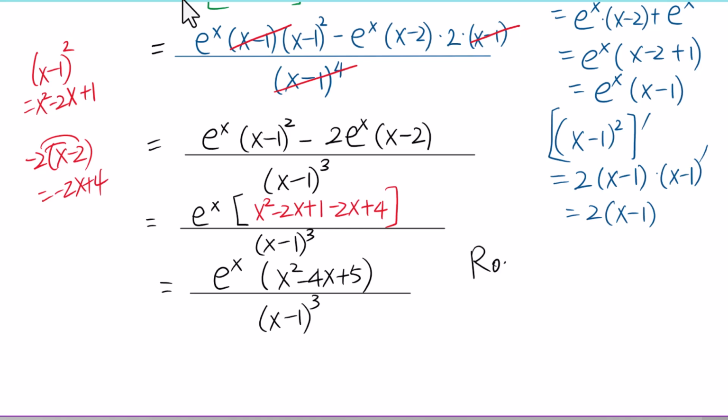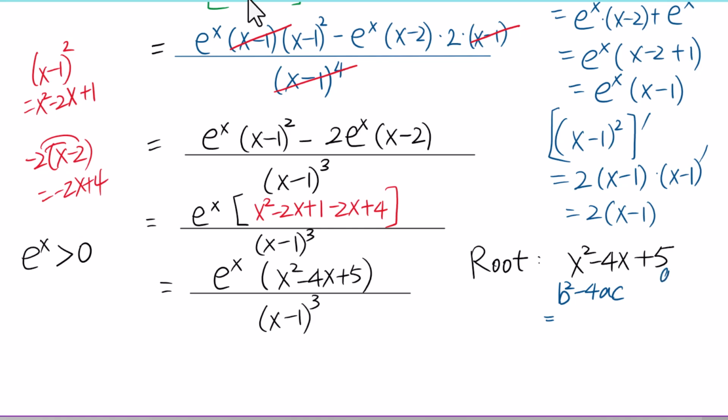So for the root, since e to the x power is always greater than 0, we need to solve x squared minus 4x plus 5. We cannot factor, so we have to use the quadratic formula. Let's work out b squared minus 4ac first.